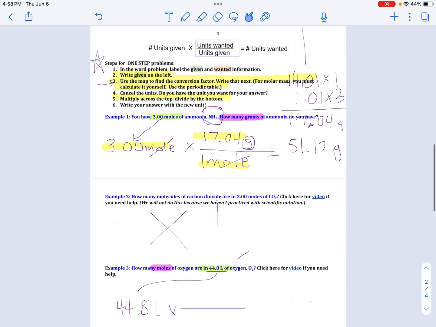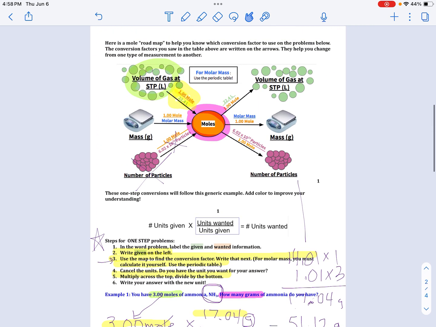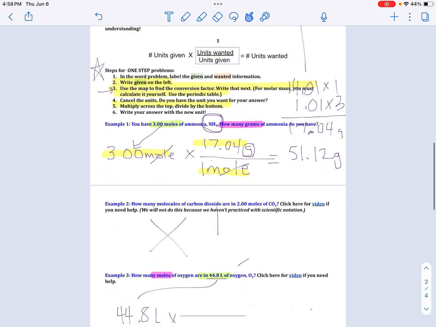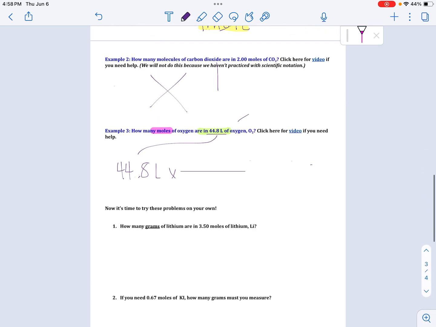And if you forgot, let's look at it. 1 mole is on the top this time, and liters are on the bottom. So 1 mole was on the top, and the liters said 22.4. Okay, that's it. Now the liters cancel.